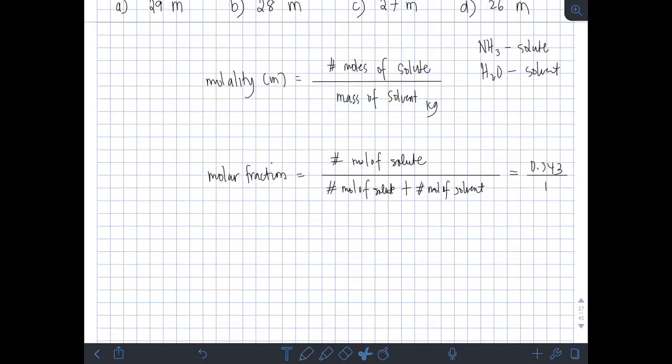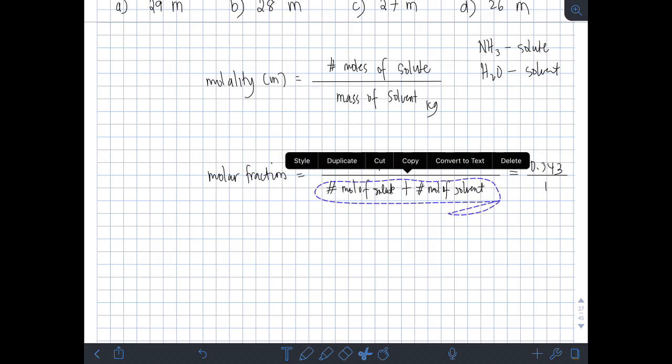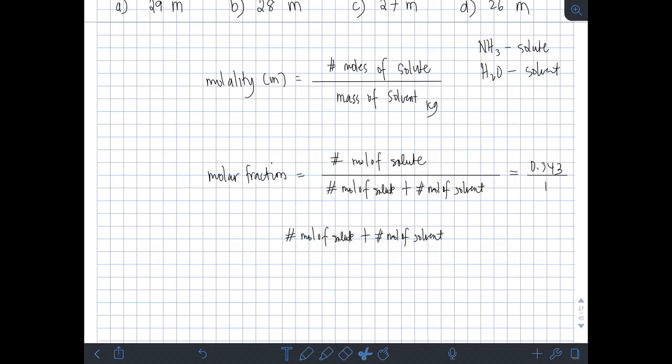So the total number of moles of the aqueous solution should equal 1. Now let's solve for the number of moles of the solvent. The number of moles of solvent is equal to 1 minus the number of moles of solute.